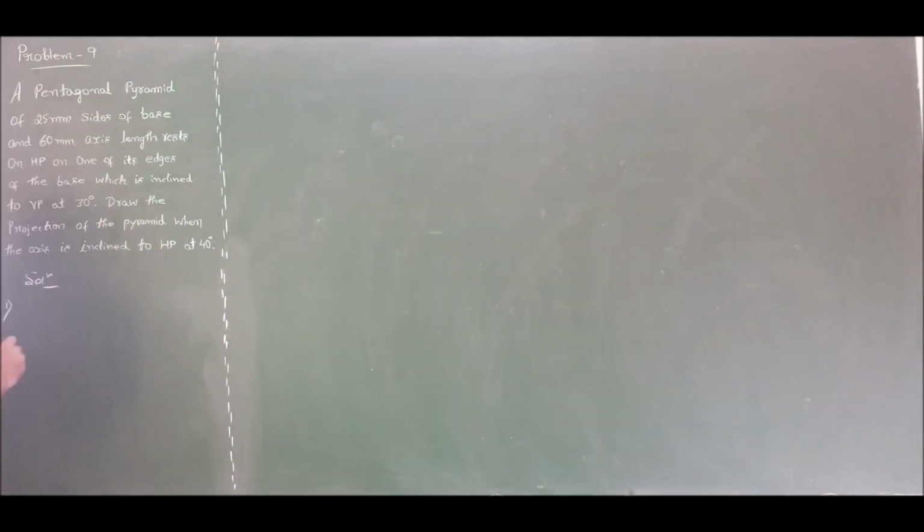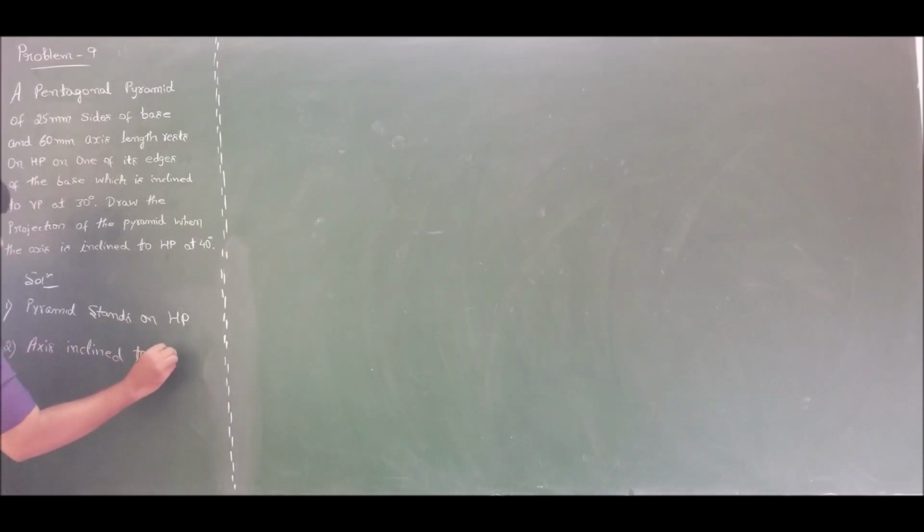That is, in the first position, the pentagonal pyramid is standing on HP. In the second position, the axis is inclined to HP at 40 degree.